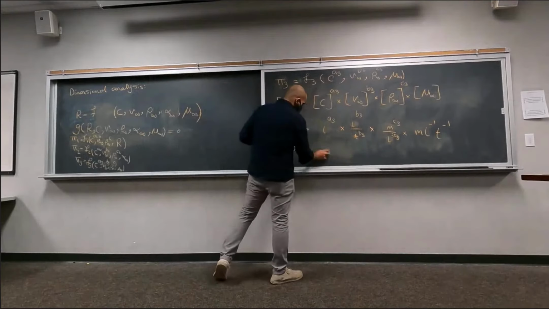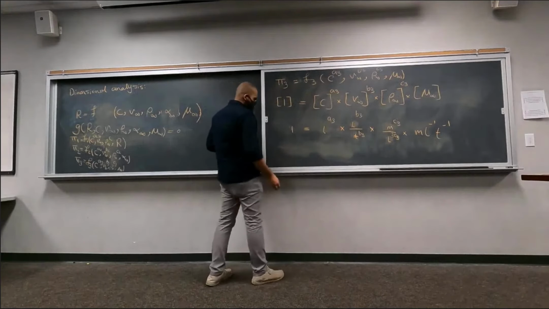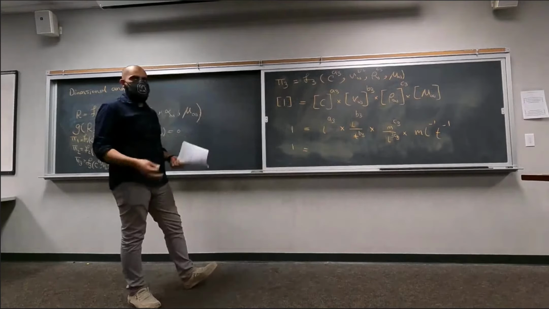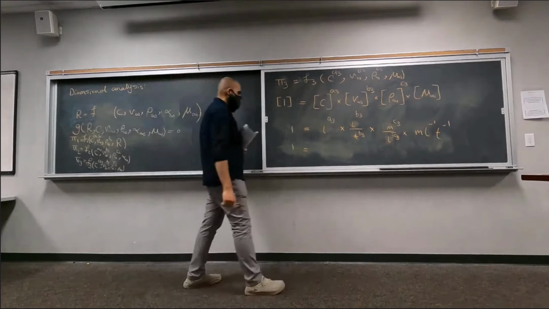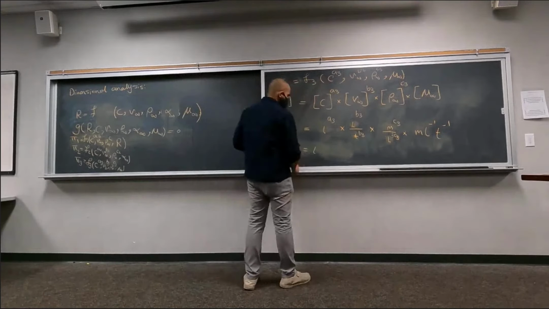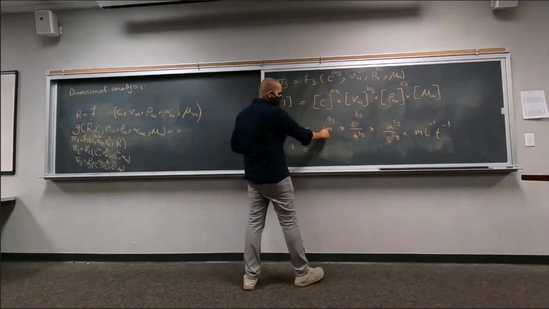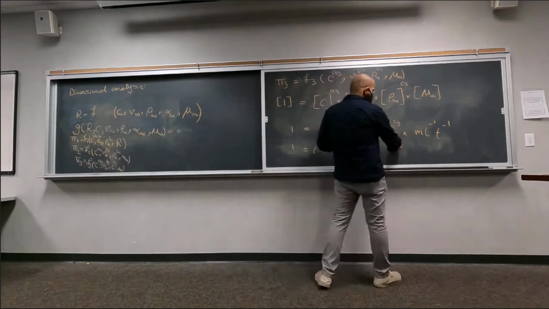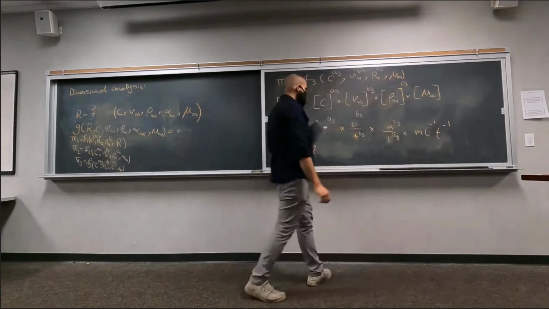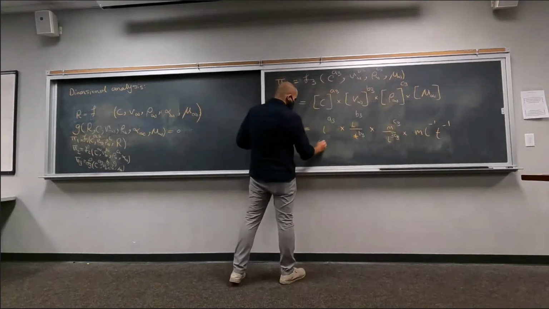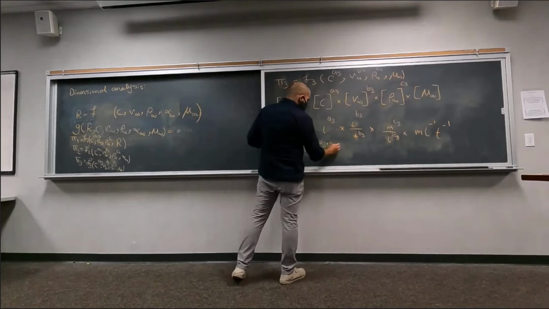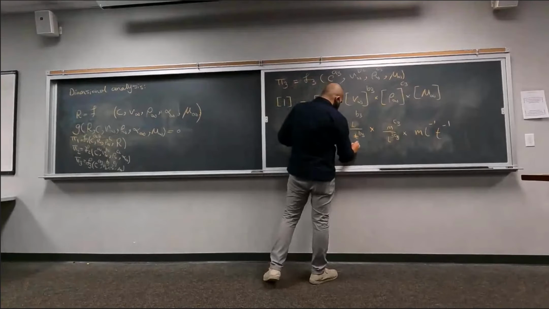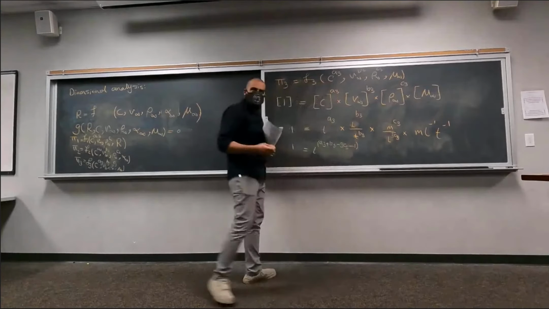Let's try to simplify this: get all the L's together, all the M's together, and all the T's together. So we're going to have L to the power A3 plus B3 minus 3C3 minus 1.